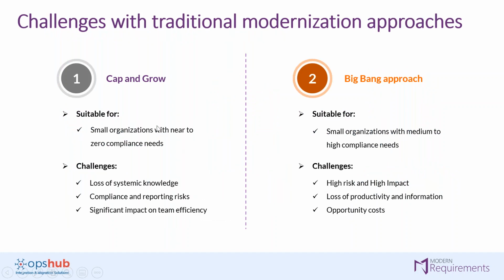Traditional approaches have their own challenges. There are certain use cases where they may be a fit. For example, cap and grow may work for very small organizations with only a few hundred work items, and where they don't have many compliance requirements to follow.